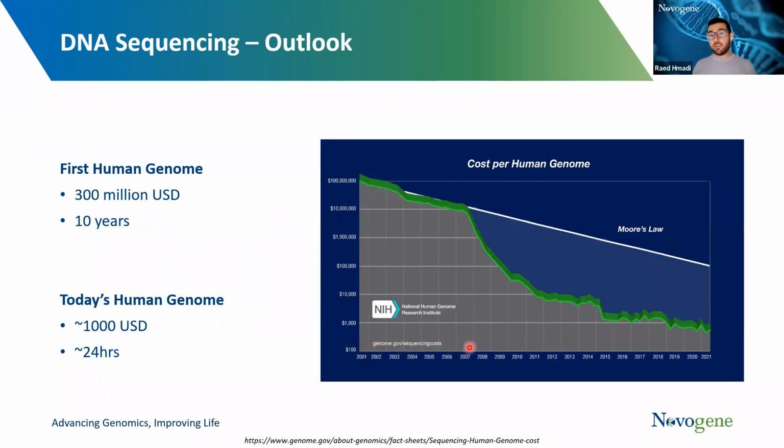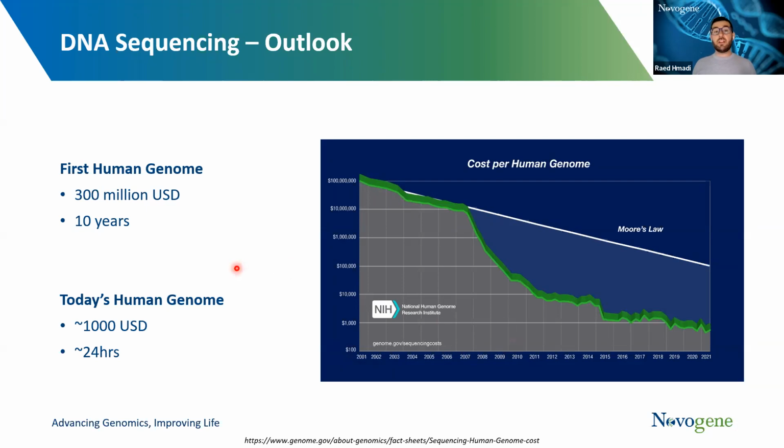Now, after 20 years of DNA sequencing, we are able to sequence the human genome for 1,000 US dollars within 24 hours. And this really puts it into perspective how much progress and advancement has been happening in the field of DNA sequencing within the last 20 years.